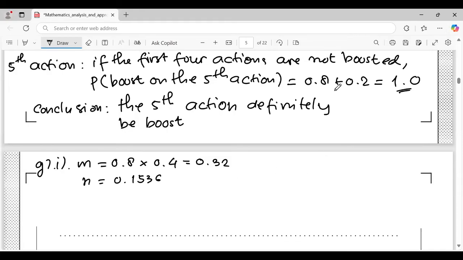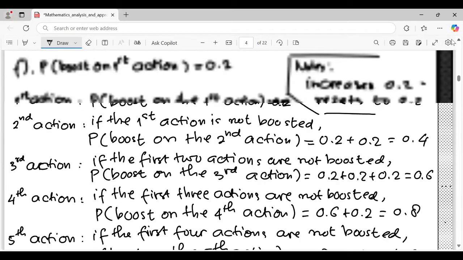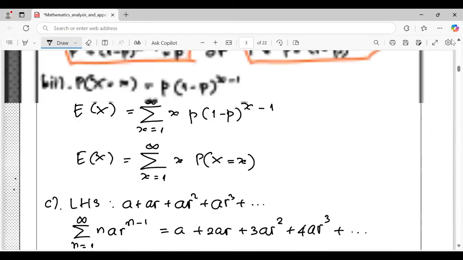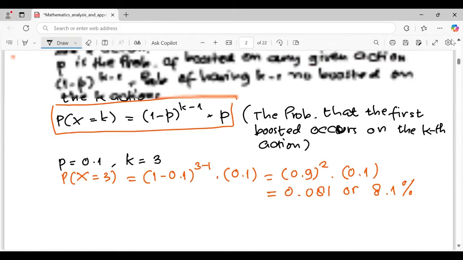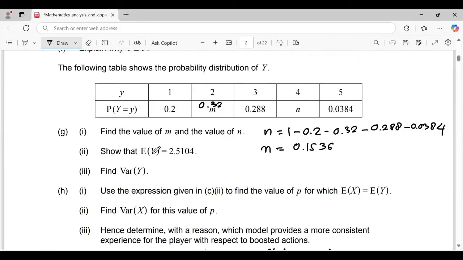Next question, part 2. Show that expectation Y equals 2.5104.